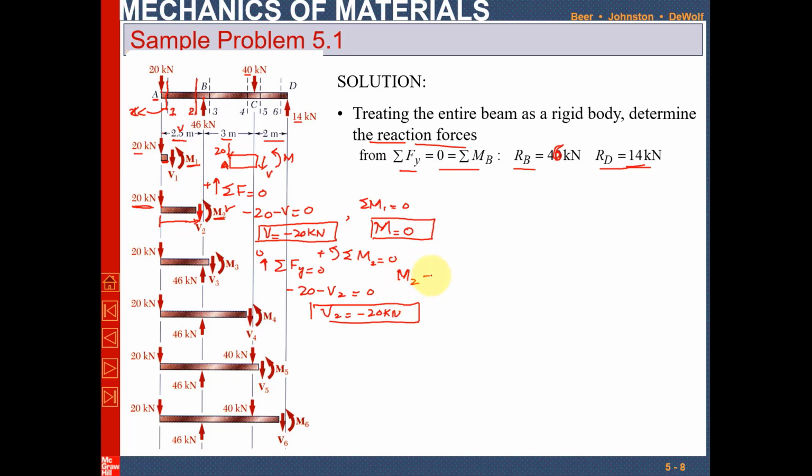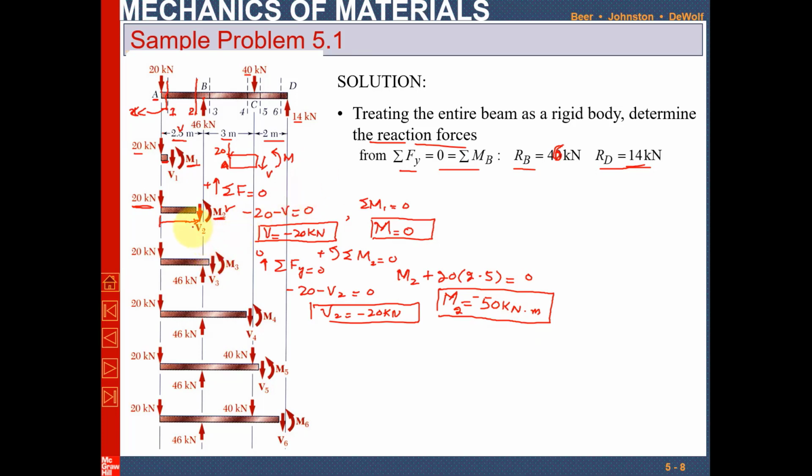It is also counterclockwise, so 20 into 2.5 equals the moment. 20 into 2.5 yields 50 kilonewton meter. So the moment at point 2 is minus 50 kilonewton meter.